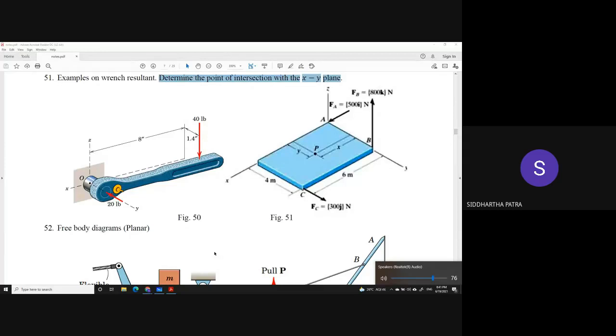So with, let's say, a parallel force system or a planar force system, we know for sure that whatever point we choose to get the resultant force system, the resultant force and the resultant moment should be orthogonal to one another, which is to say that the dot product should be 0, or the parallel component of the moment, that is the component of the moment which is parallel to the resultant force, should be 0.